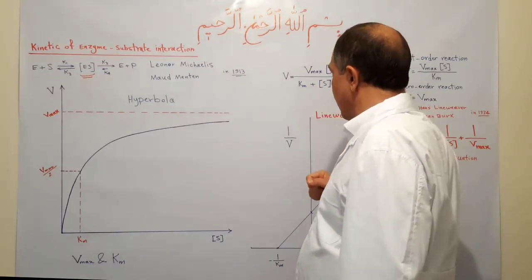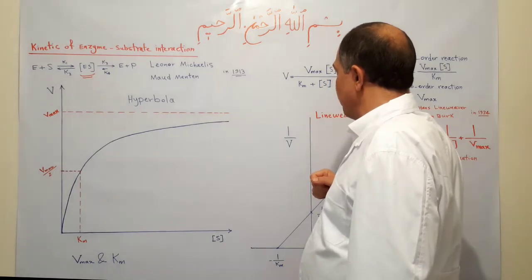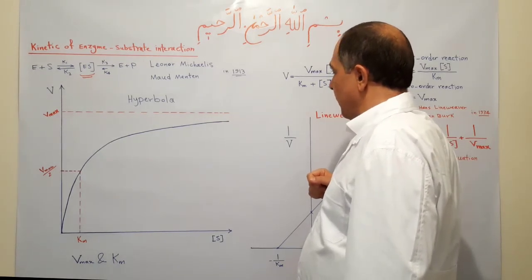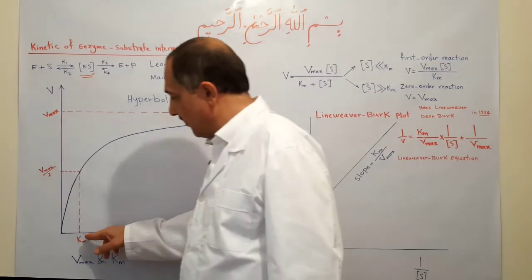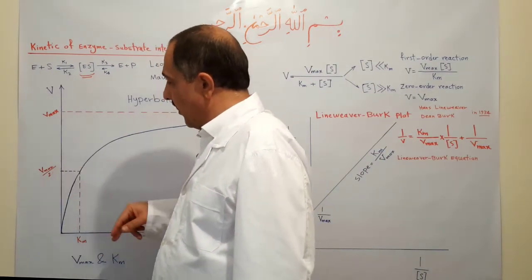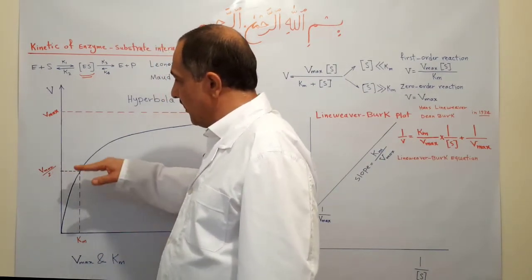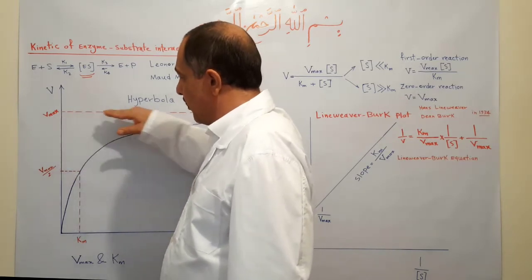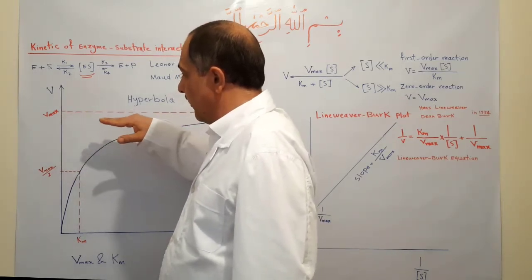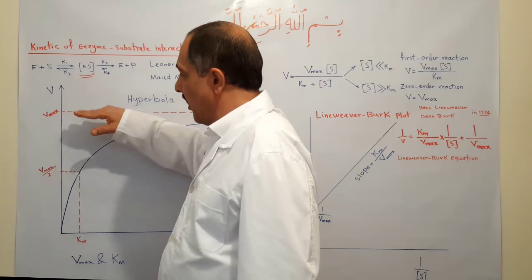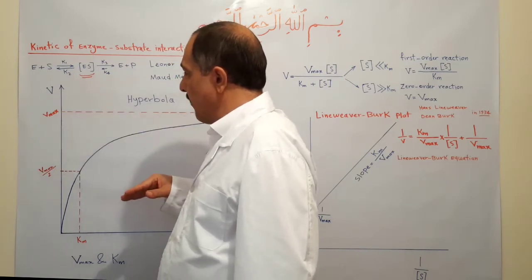Km is called Michaelis-Menten constant and is defined as substrate concentration at which the rate of enzymatic reaction is half of the maximum rate of the reaction or half of Vmax.